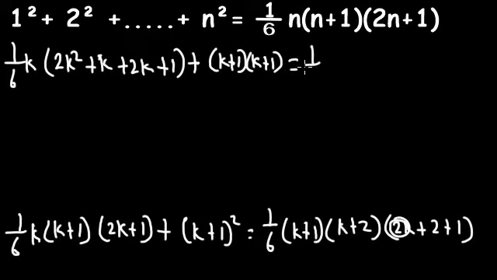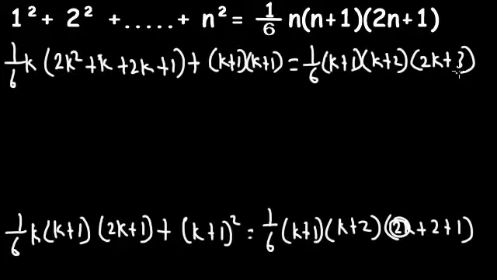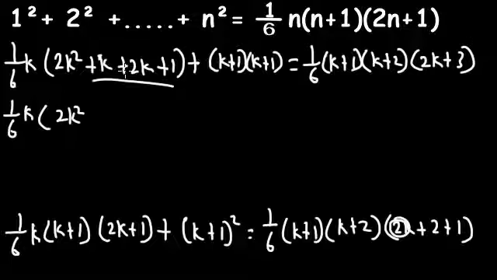Let me split it first. This is equal to 1/6 of k plus 1 times k plus 2, now this becomes 2k plus 3. Incredible. Okay. Now we have 2k here. Then I added this 2 and 1. Perfect. So now we have 1/6 of k times 2k squared and these are addable.